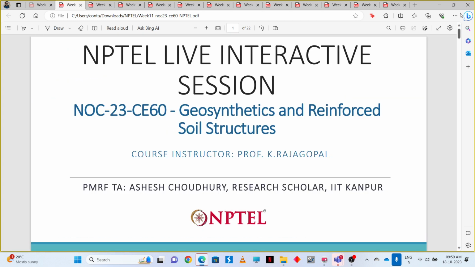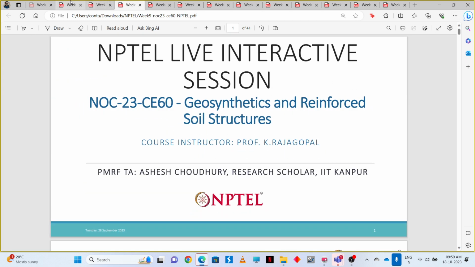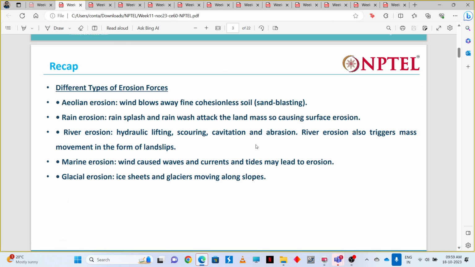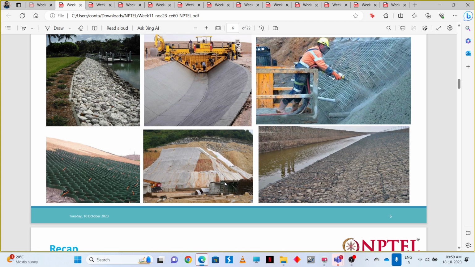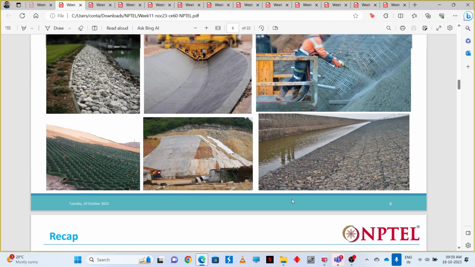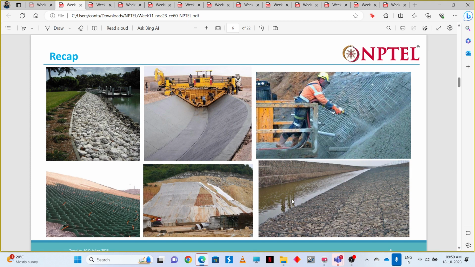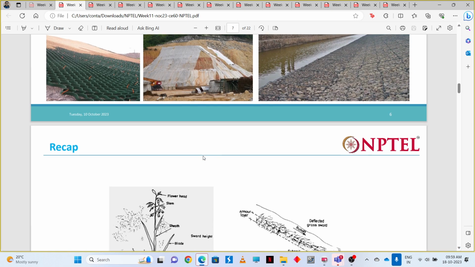Then in the 11th week we discussed erosion control. What types of structures or geosynthetics we use to prevent erosion in different cases: riprap, concrete linings, gabions, geotextile, geocells, many things we studied.